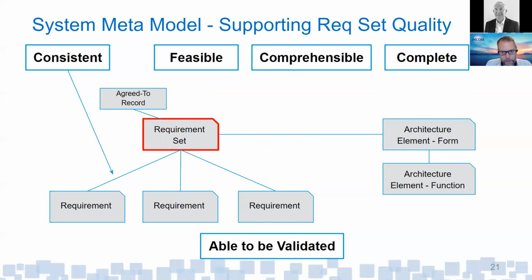What about feasible and comprehensible? Yeah, maybe if we're able to agree to this set, at least a set of humans look at it, it will tell you something about feasibility probably, and also if it's possible to understand it. What about complete?